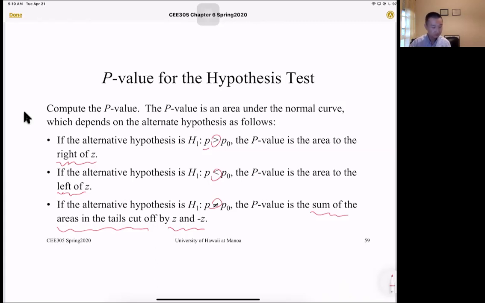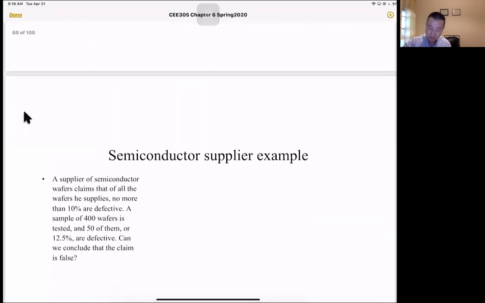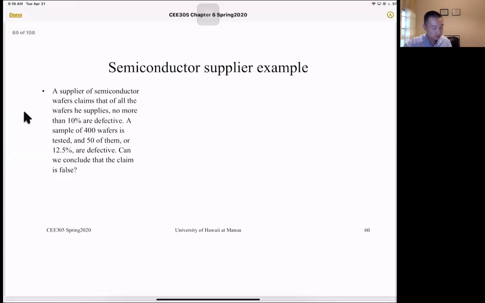All right, and then let's look at the wafer example and do the calculation. Again, the claim is that no more than 10% are defective, and we get a sample of 400 wafers and found out 12.5% are defective. So let's first set up H0 and H1.